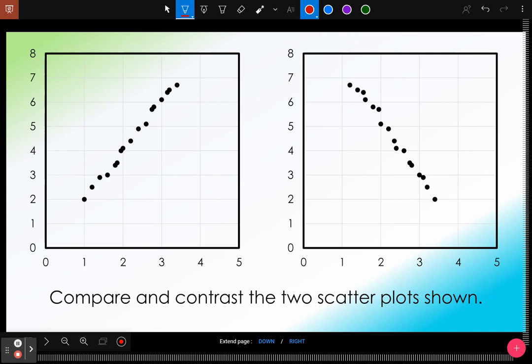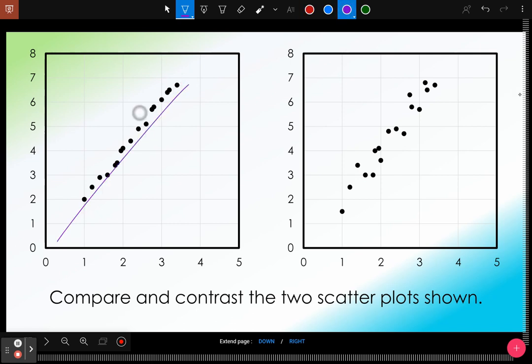So as we compare these two scatter plots here, this one is going positive and this one is going negative. That's the difference between those two scatter plots. Again, both of these are going positive. This one is just closer to perfect because it is closer together. The dots are tighter.